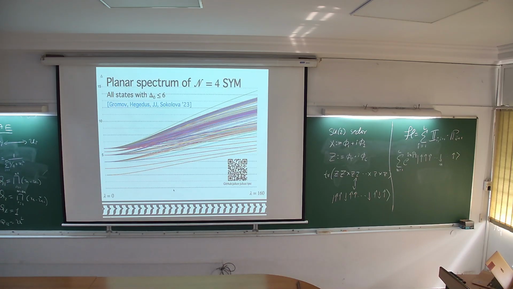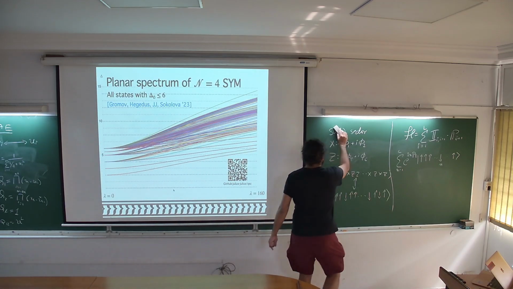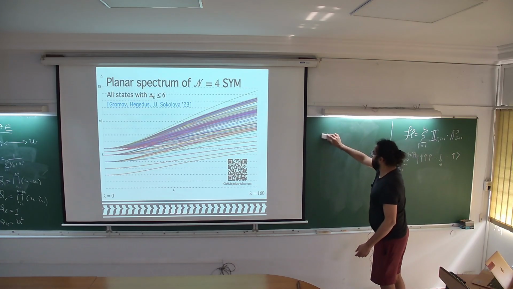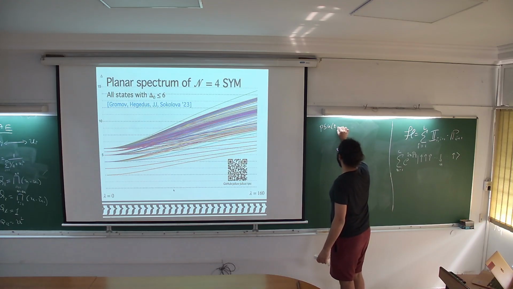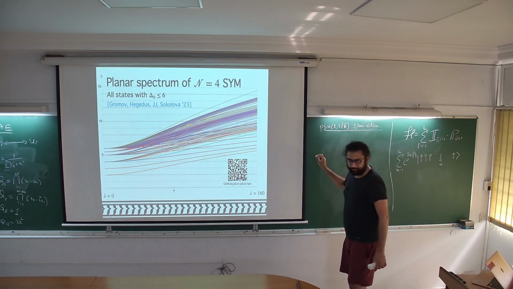Now you can generalize this entire statement to PSU(2,2|4) for full super Yang-Mills. That's what the quantum spectral curve is basically. So now if I consider the PSU(2,2|4) spin chain, this has rank 7.